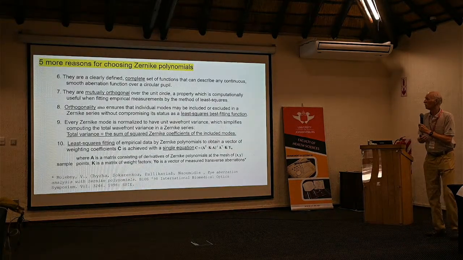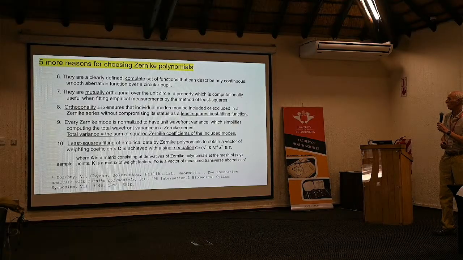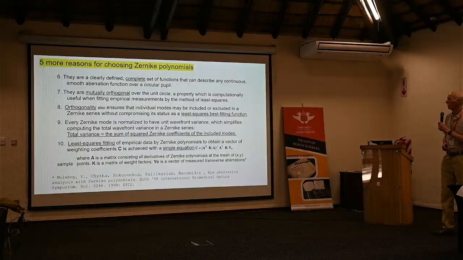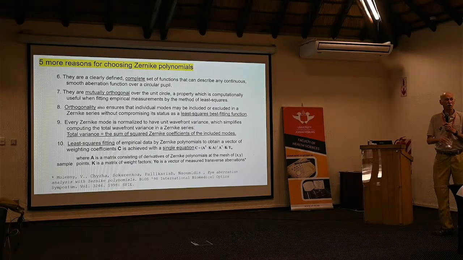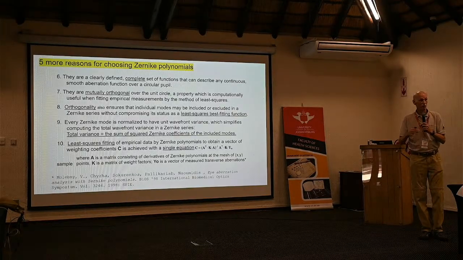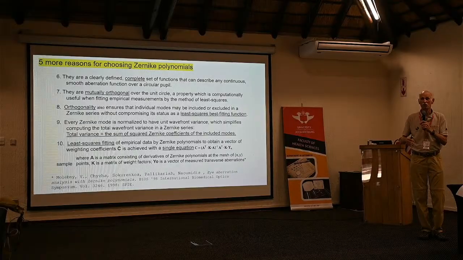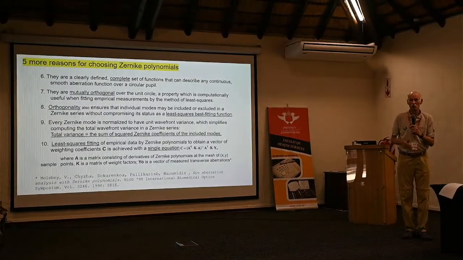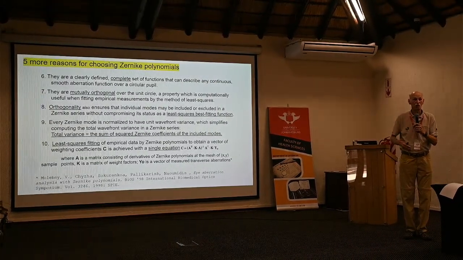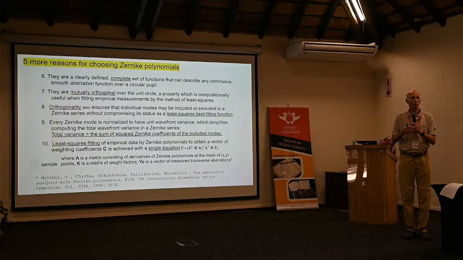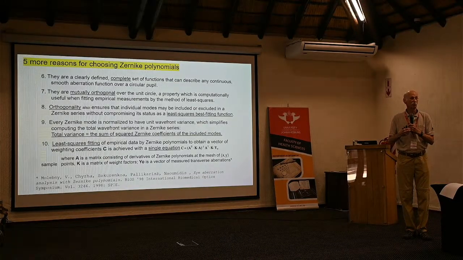5 more reasons. Number 6, they are clearly defined. You've seen the equation showing them, and they are a complete set of functions that can describe any continuous surface. Now, there could be a limitation, and sometimes you have discontinuous surfaces. Might be some fracture, some change, or with some modern optical designs, you can get a discontinuity.